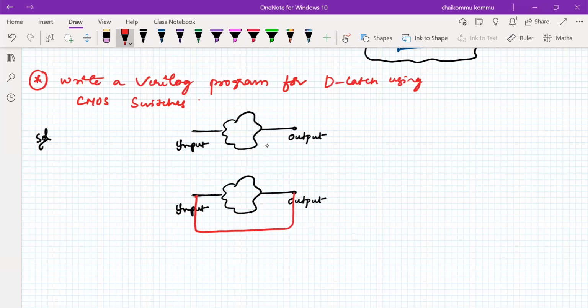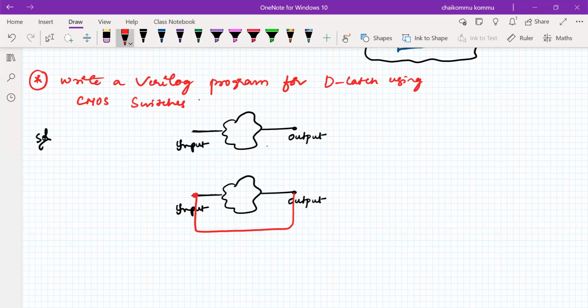So whatever the output is, it will be retained here. Whenever you apply the input here, that information will be available within this block itself. As long as this feedback exists, the information will not be lost in this block. This is the method we have to use in order to develop the memory element.